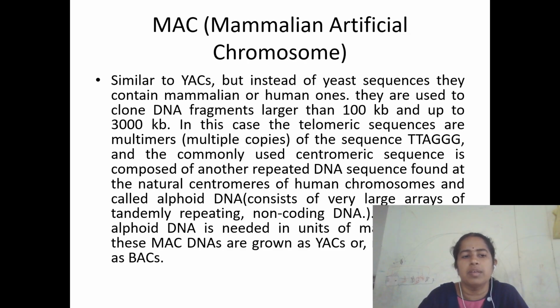In this case, the telomeric sequence is multimers of the sequence TTAGGG, and the commonly used centromeric sequence is composed of another repetitive DNA sequence found at natural centromeres of human chromosomes. These are also called alphoid DNA, as they have very large arrays of tandemly repeating and non-coding DNA. Mostly they are used in clone units of many kilobase pairs.